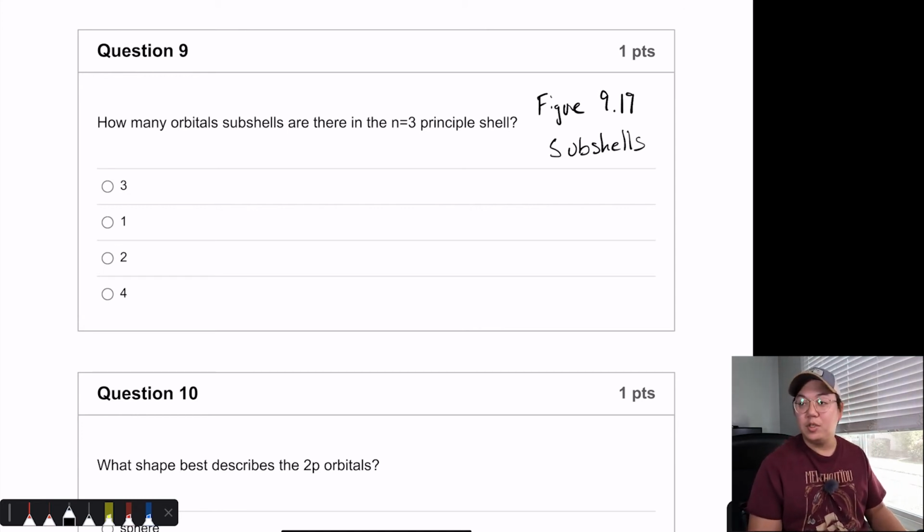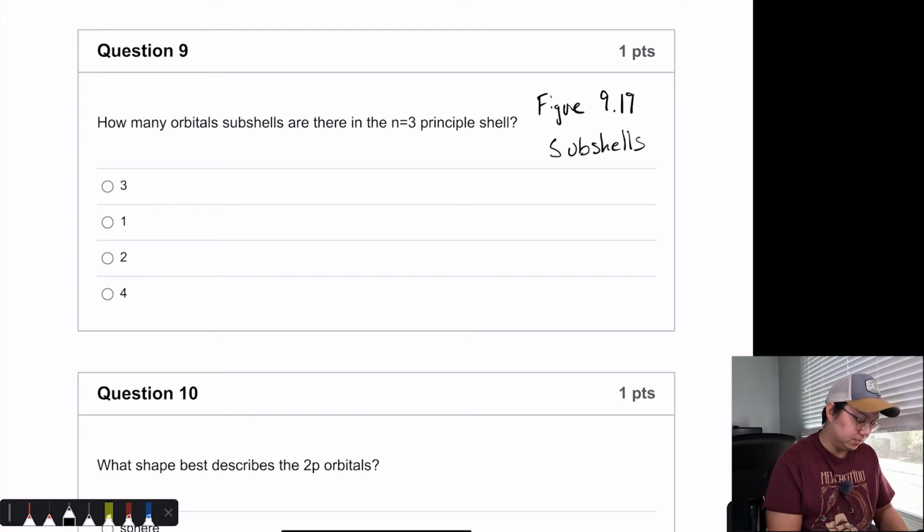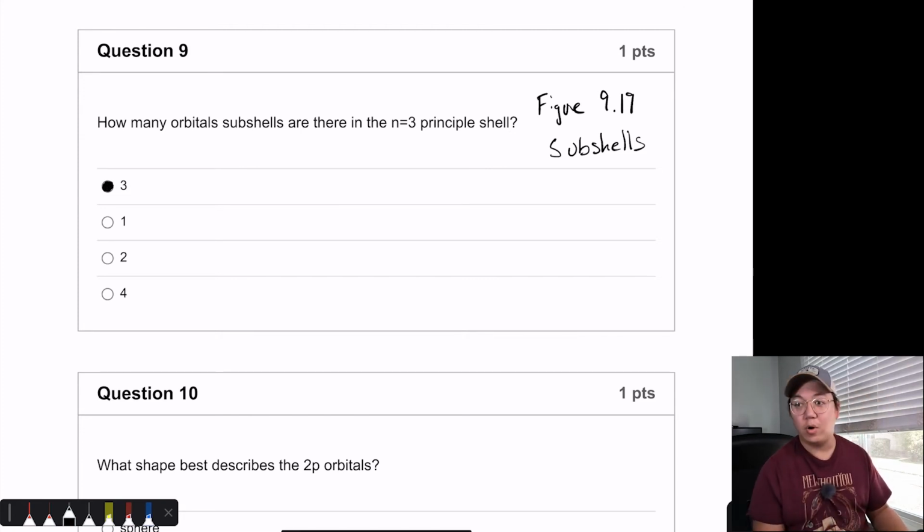So the n equals 3 shell has 3 subshells. Just kind of a go look up where it is. Up to n equals 4 is as far as we're going to go, and that's 4 subshells. So for each of those principal shells from n equals 1 to n equals 4, the shell number is the same as the number of subshells.